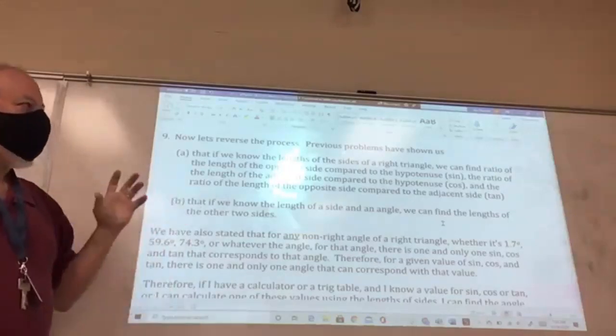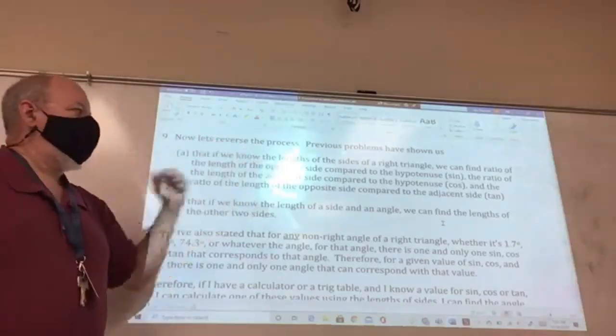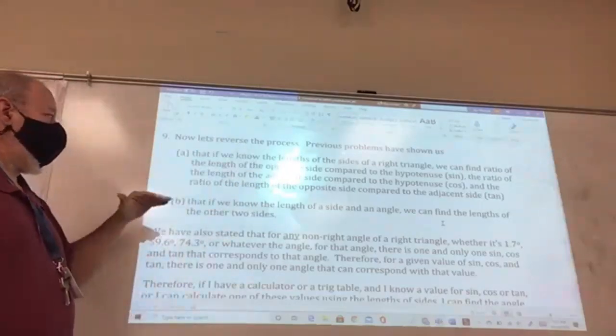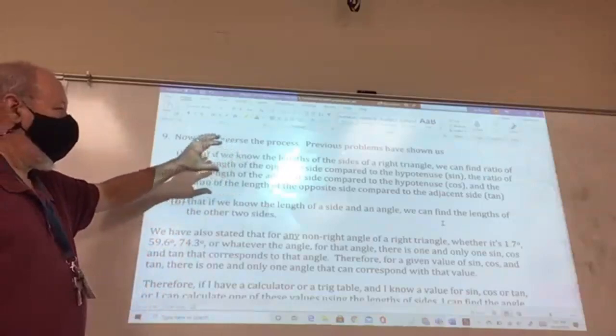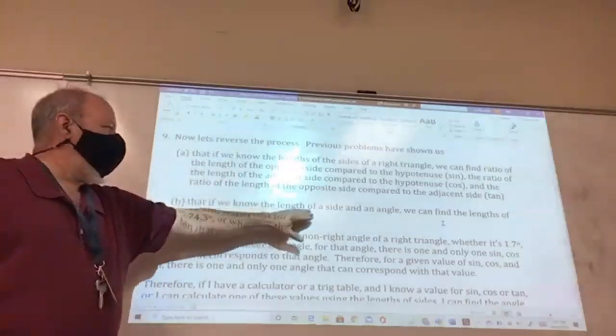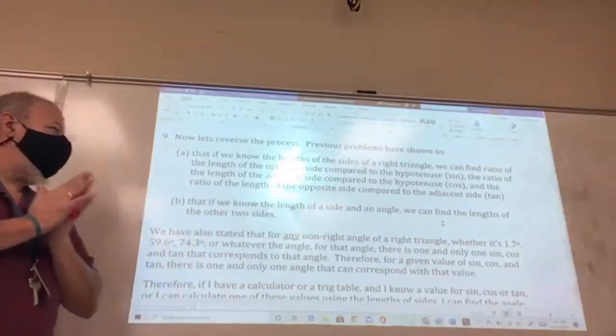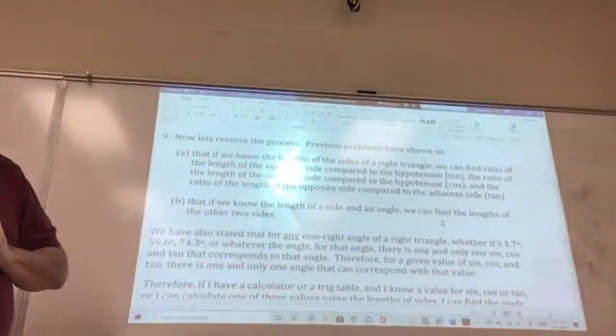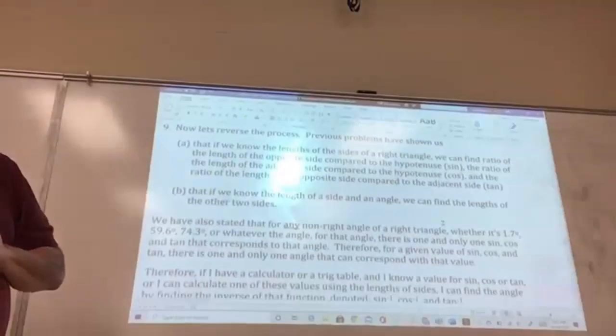This side is half as long as this side. This side is 6/10 as long as that side. So these are all ratios, right? And if we know the length of a side and an angle, we can find the lengths of the other two sides. So we've started learning that skill.